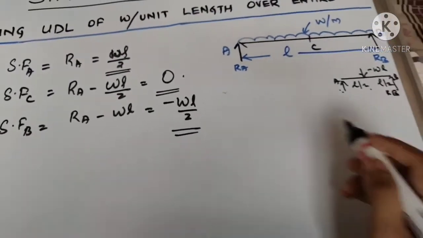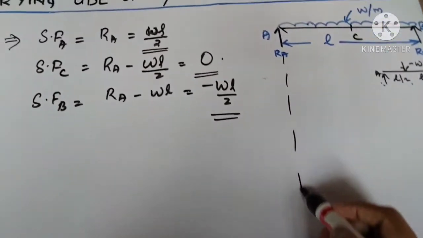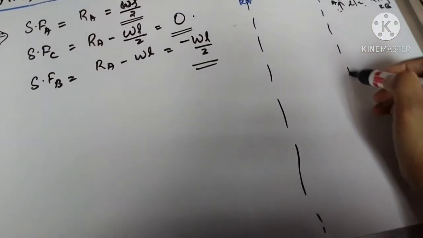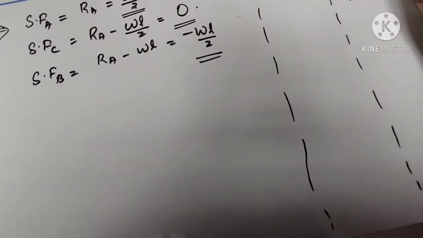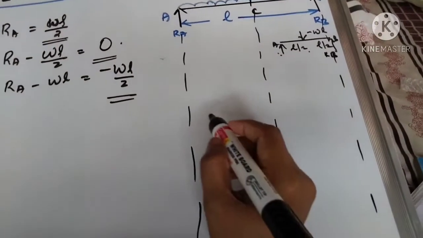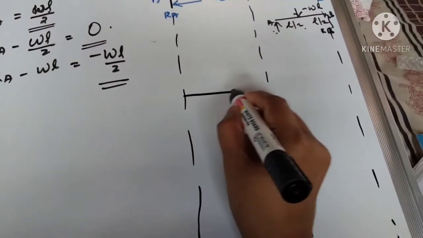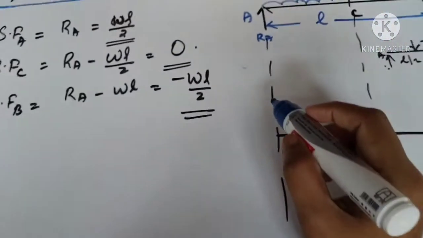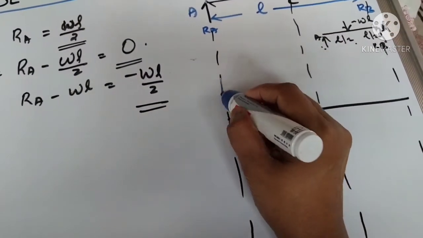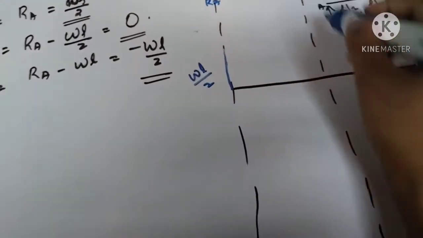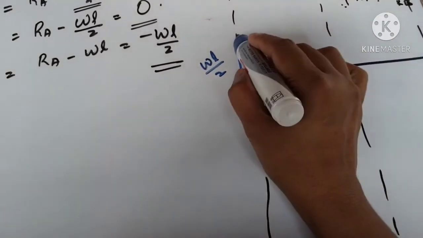So if you are drawing the shear force diagram, drop down these. When you are drawing the shear force diagram, at A it is positive WL by 2. Then at C it is 0, so it is crossing.